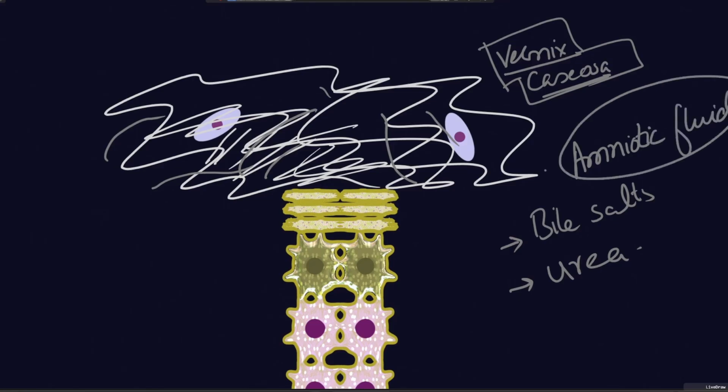So one function of vernix caseosa is that it provides protection from the amniotic fluid. The embryo and fetus are all the time floating in the amniotic fluid. Later, when the baby comes out, the parents or medical staff wash the baby, and this vernix caseosa is removed, right?